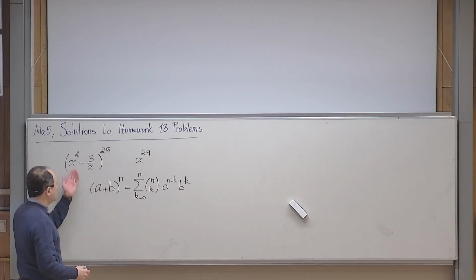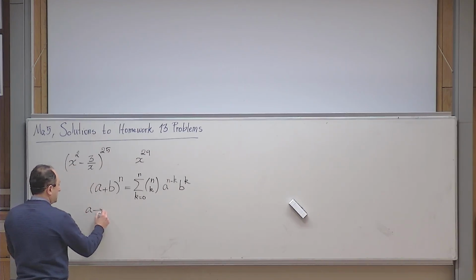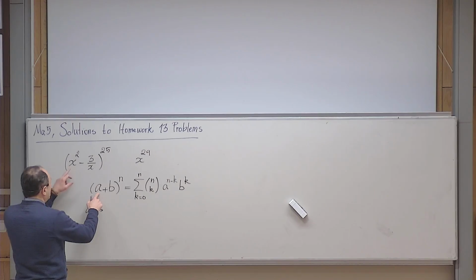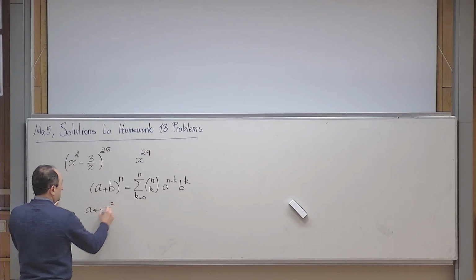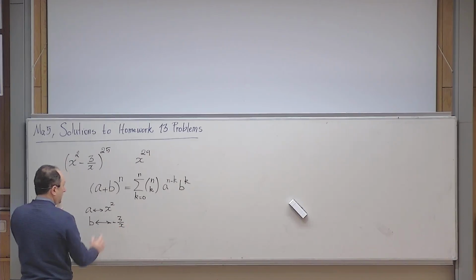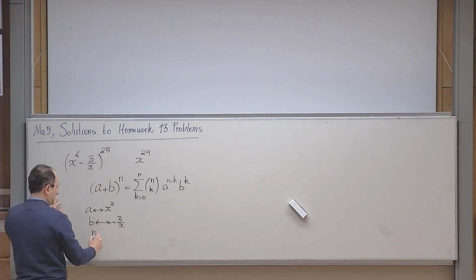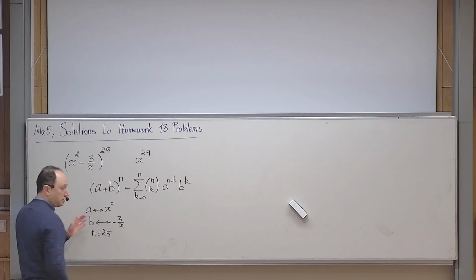Comparing this one with this one, you can immediately realize that a is x squared here, b is minus 3 over x, and then n is 25. Yes, this is what we know.